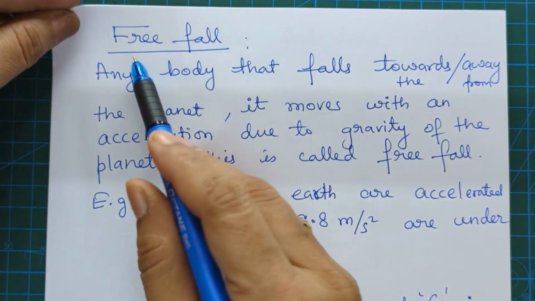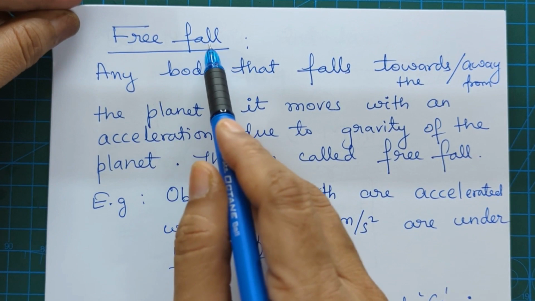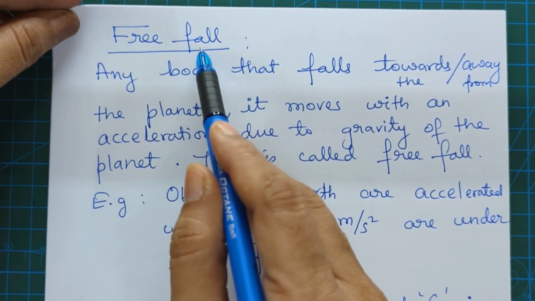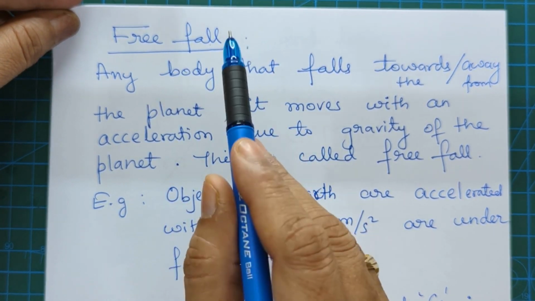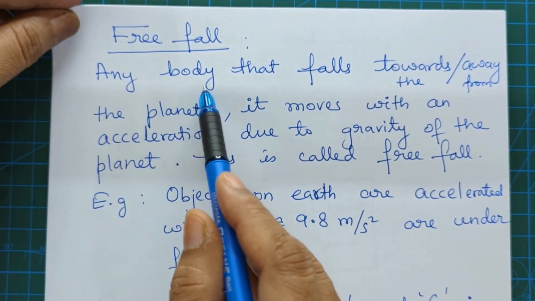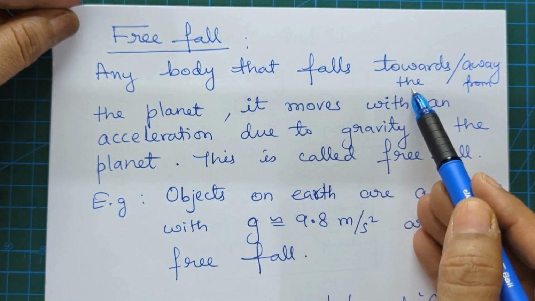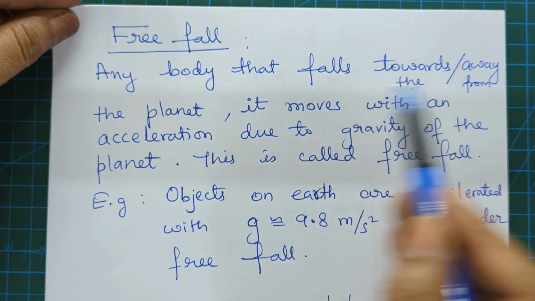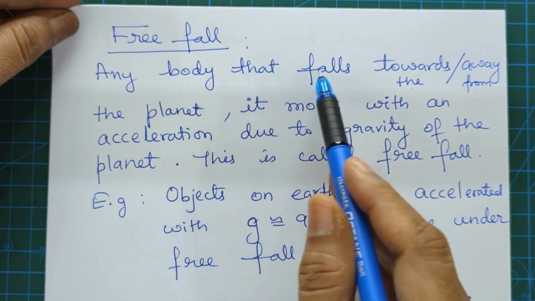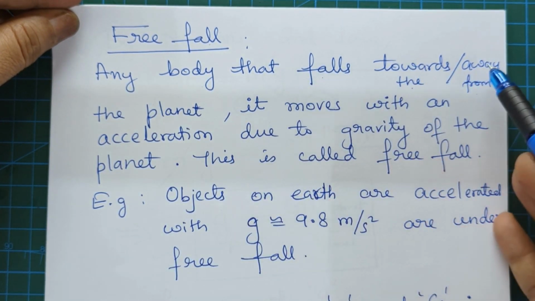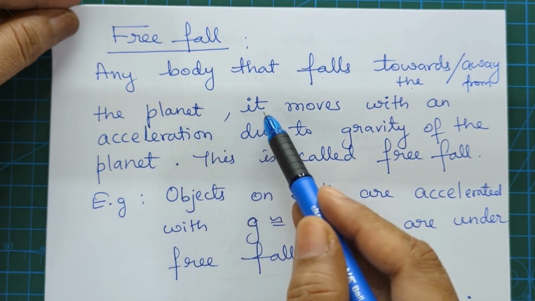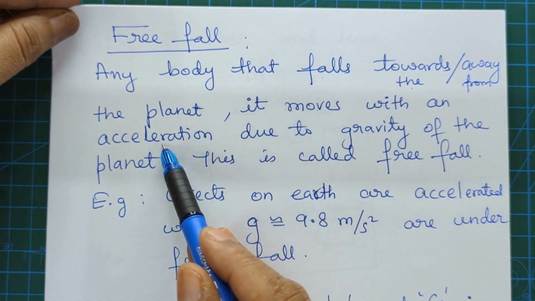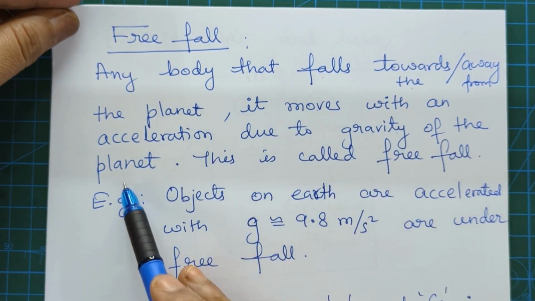Now coming to the topic of free fall. What is the meaning of free fall? The word free fall holds for every celestial body, not just for earth. Any body that falls towards or goes away from a planet moves with an acceleration due to gravity of that planet.